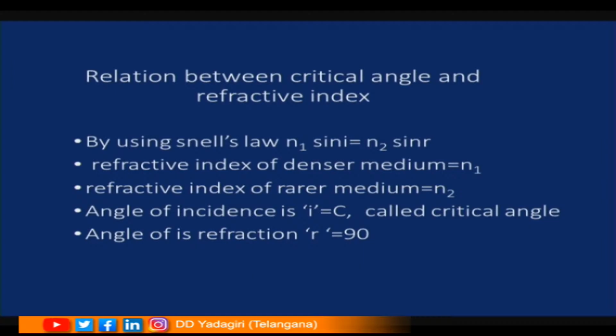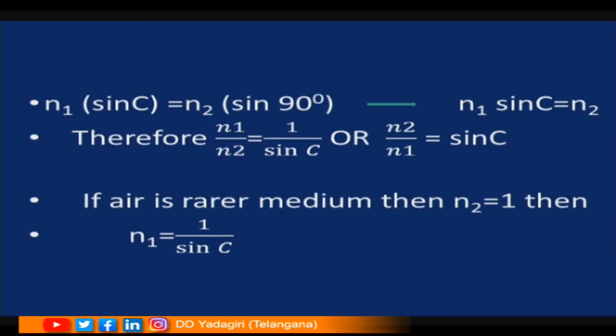If the angle of incidence i is equal to c, called the critical angle, the angle of refraction is 90 degrees. Now, substitute the values: in place of i we substitute c, and in place of r we take 90 degrees. That implies n1 sin c is equal to n2, because sin 90 degrees is equal to 1.